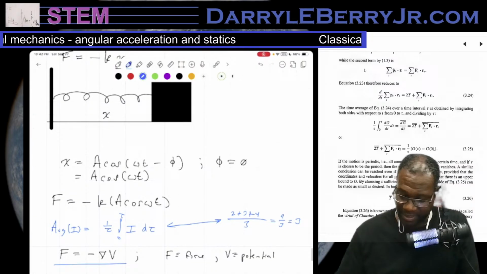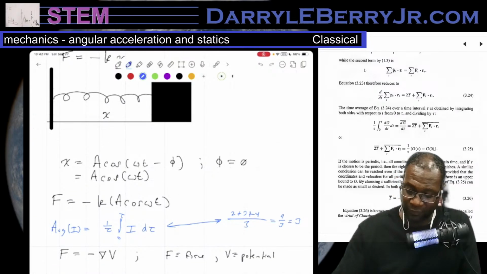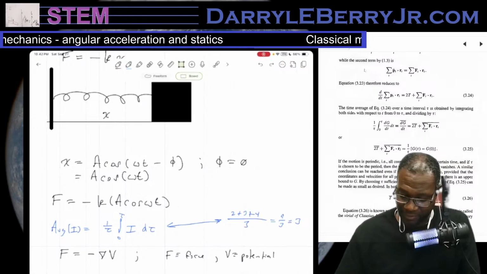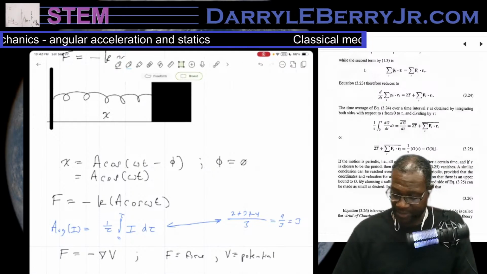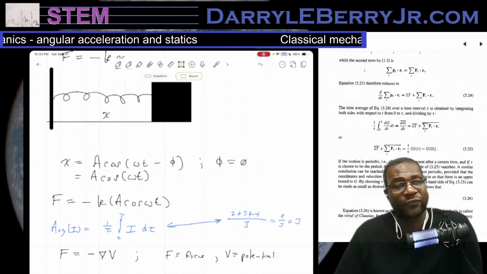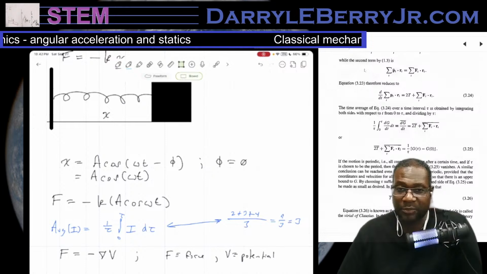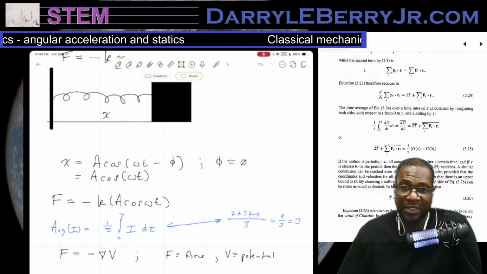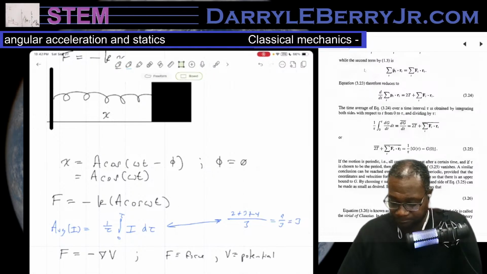This is the relationship between the force acting and the potential itself that's imparted by that force. And I wonder if it's even related to the force, like when we drop an object to the earth and it hits the ground, does it relate to the force of the impact? I'm not sure about that.